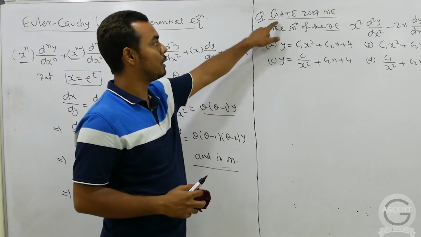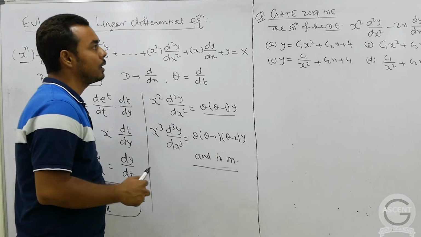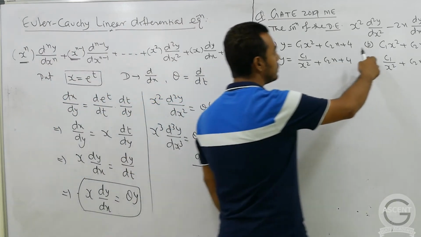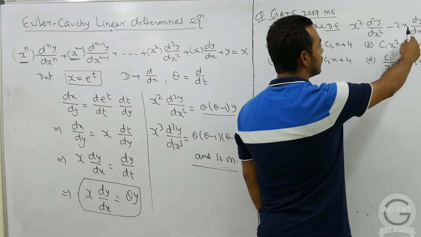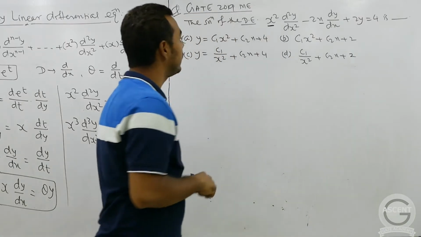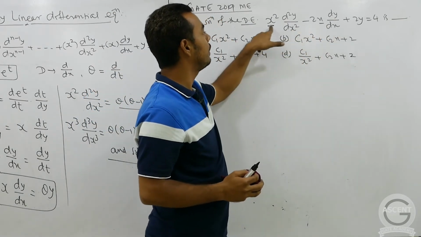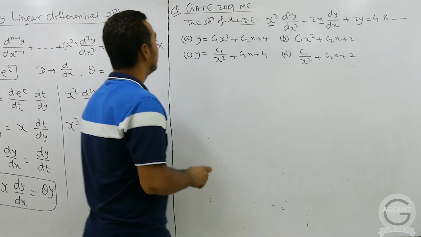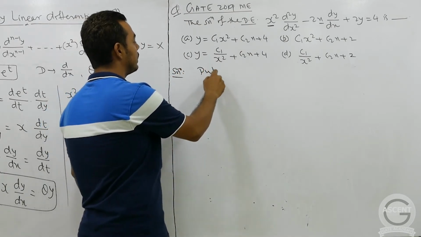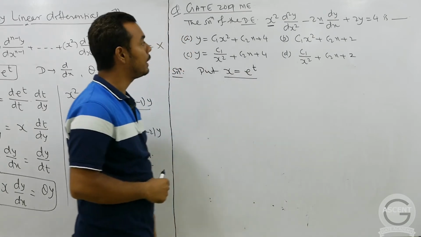So we are going to solve this problem. This question was asked in GATE 2019 this year in the mechanical department. As you can see, this is a linear differential equation with variable coefficient, and it is an example of Euler Cauchy linear differential equation. First derivative multiplied by x, second derivative multiplied by x square. So for this differential equation, our substitution will be, in place of x you have to write e to the power t.